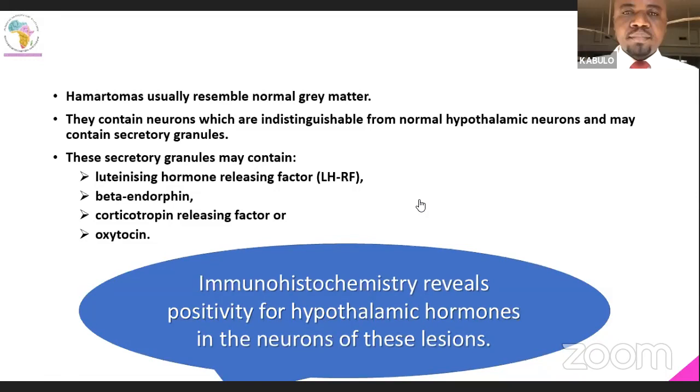Those are the secretory granules which produce luteinizing hormone releasing factors. Those granules also contain beta endorphin, corticotropin releasing factors, and oxytocin. On immunohistochemistry, it is positive for hypothalamic hormones in the neurons of these lesions.